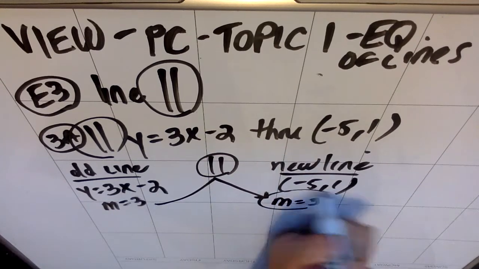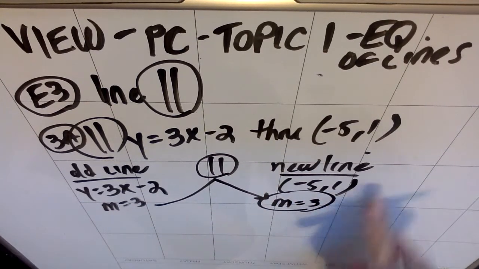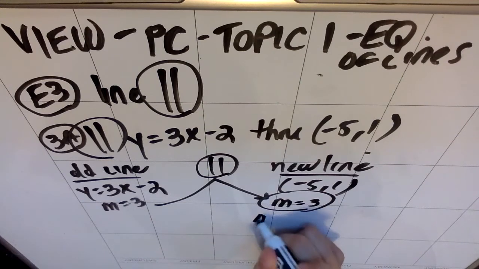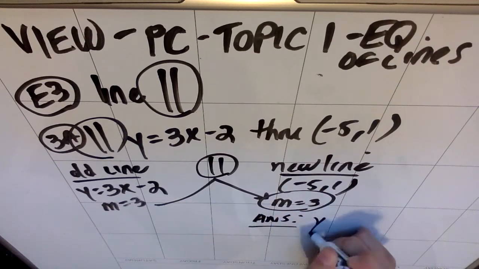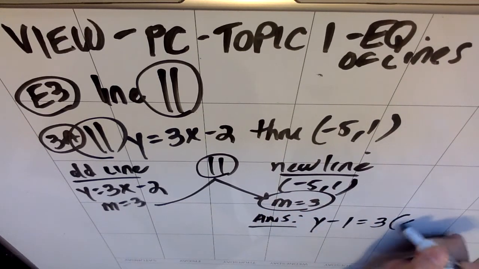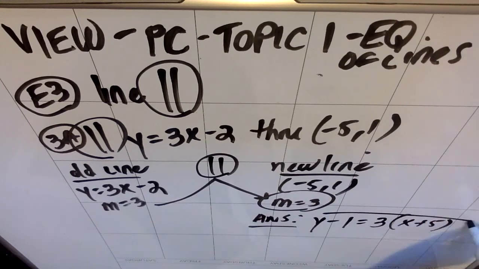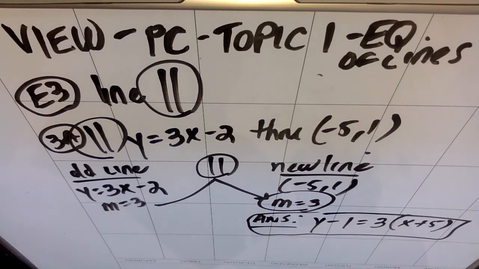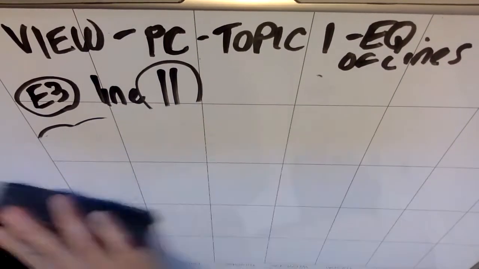I don't have to solve, it's already slope-intercept, and parallel means same slope. So using those pieces of information, I actually have the point and the slope for my new line, and my answer is going to be y minus the y value equals m times x minus the x value, and that's my answer. No reason to simplify, right? Now we're going to do 3b, which is slightly harder than 3a.